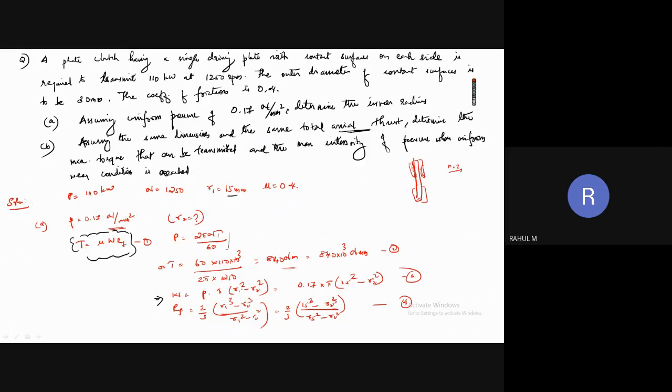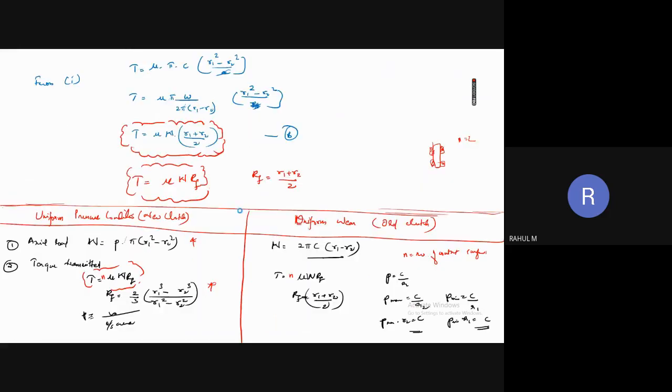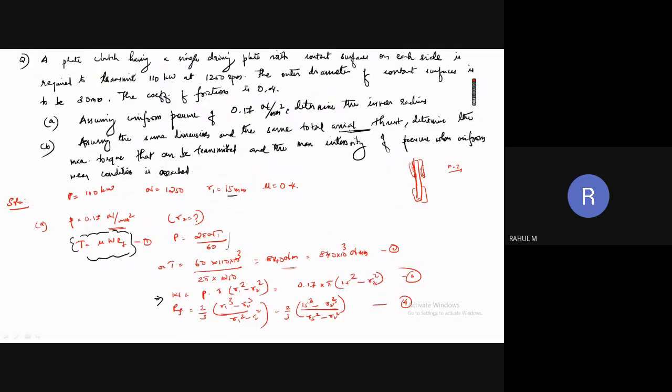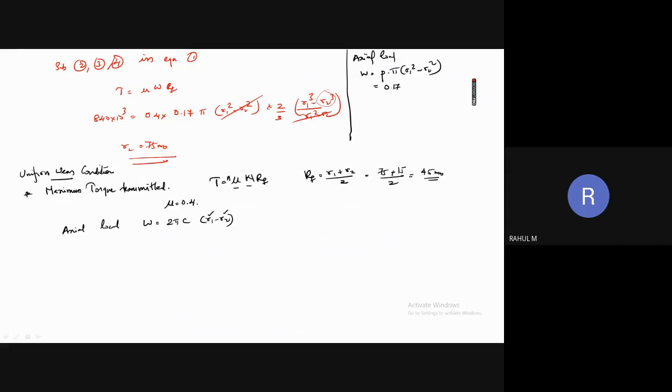So from the uniform pressure condition, you can find the axial load. Axial load W is equal to P into π (R1 square minus R2 square). The pressure value as per the question is 0.17, so 0.17 into π into (75 square minus 15 square).